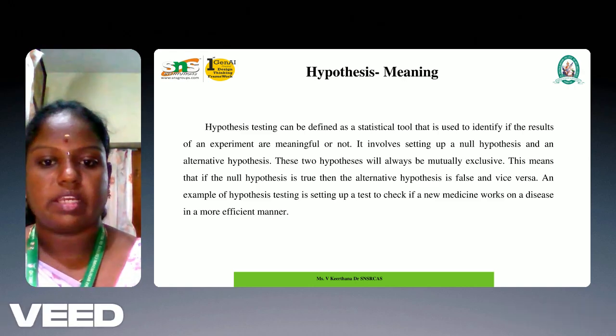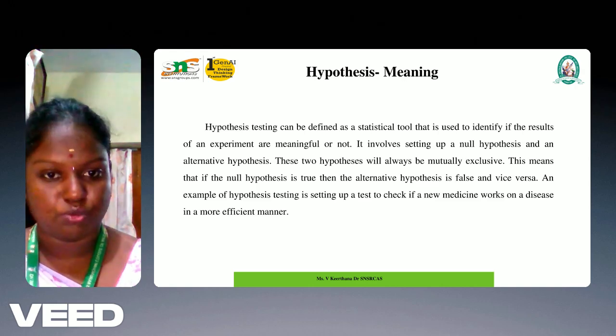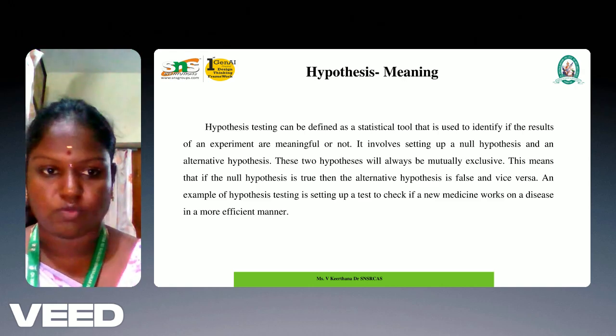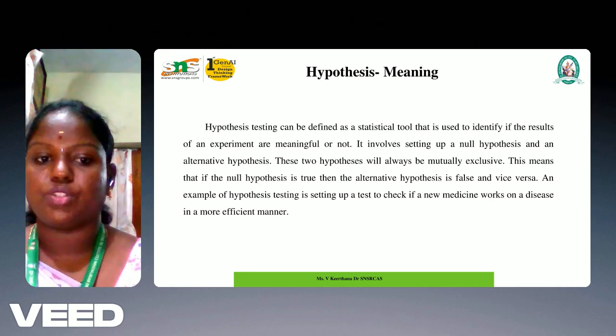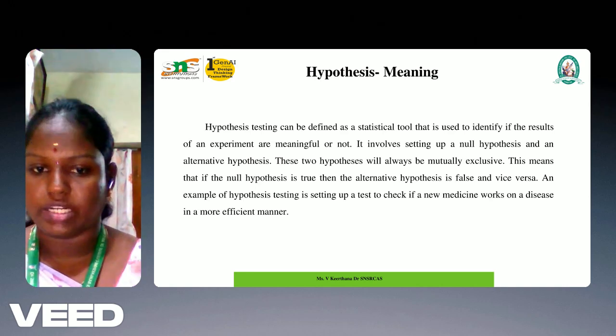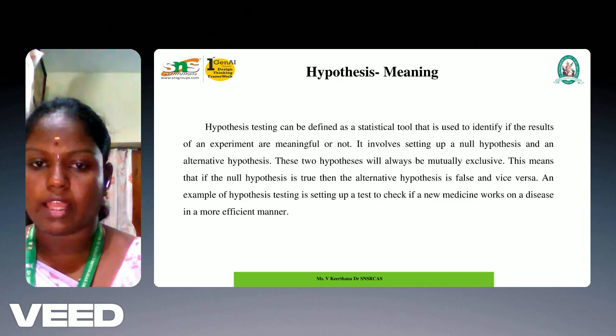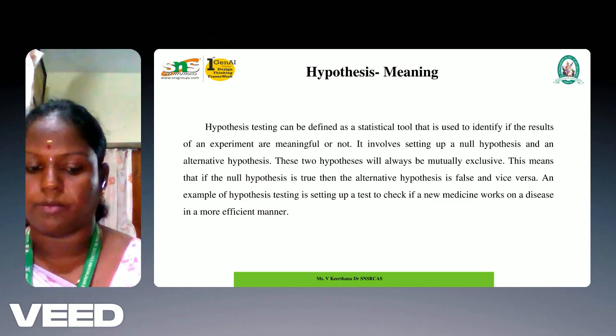This means that if the null hypothesis is true, then the alternative hypothesis is false, or vice versa. An example of hypothesis testing is setting up a test to check if a new medicine works on a disease in a more efficient manner. Hypothesis normally is a prediction, which will be tested to see whether it is meaningful or not.